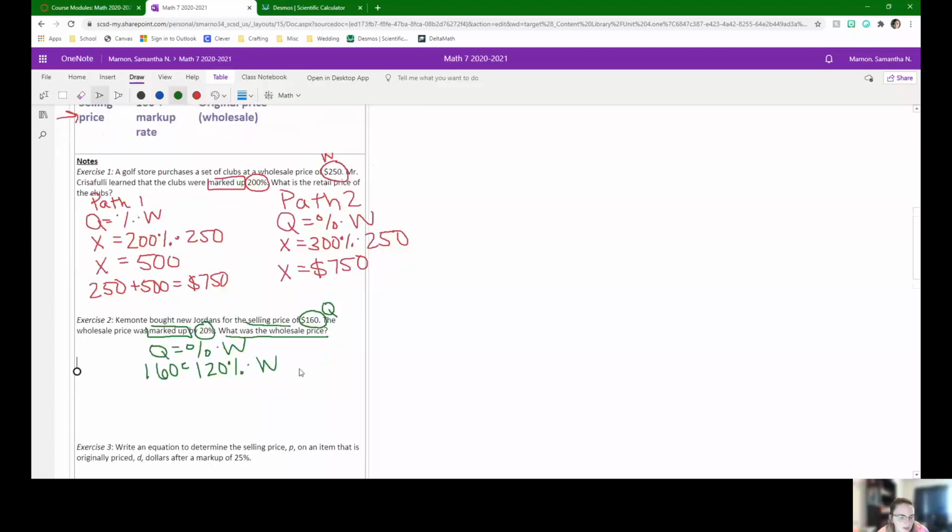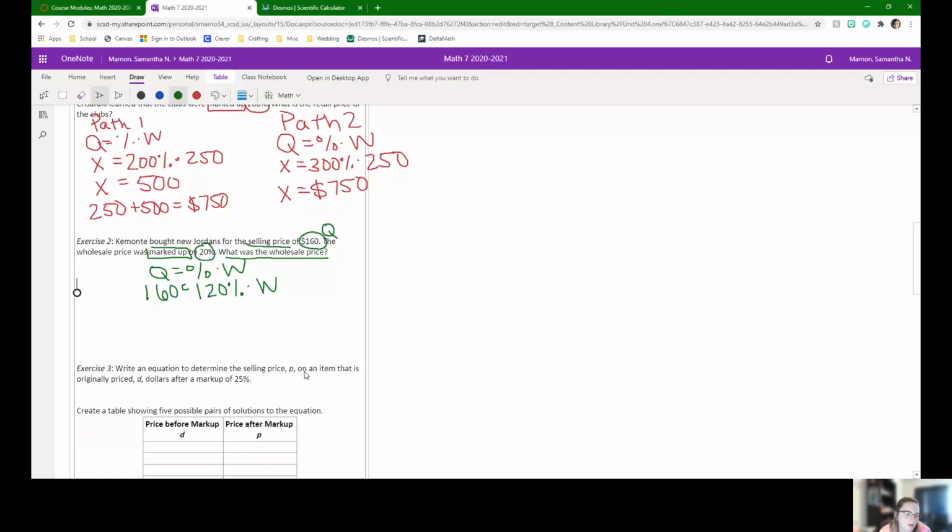So now this is one we can solve. This is just a one-step equation. If you're using the yellow calculators, you can just divide this out using the percent. But if you're not, you're going to have to change 120% to a decimal, and that's just 1.2. Oh, and I kept it as a W. Well, that's fine. Usually I like to change it to an X, but we can leave it as a W. So to solve this, we need to divide by 1.2 on both sides.